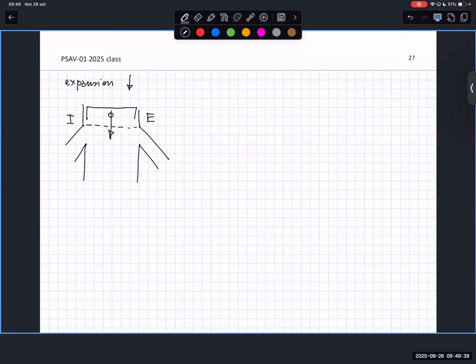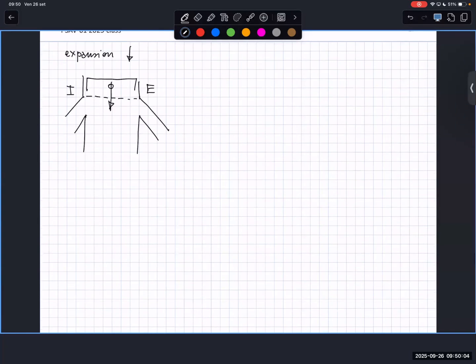Which of the two would you like to have taller when the piston goes down and to consider blowdown? Exhaust should be taller, because if intake is taller, when the piston is going down, the exhaust gas will go to the intake, and we don't want to have this.